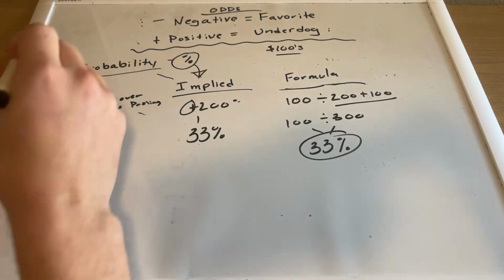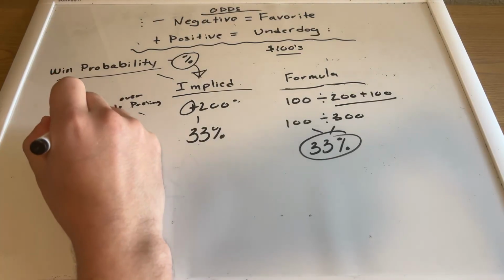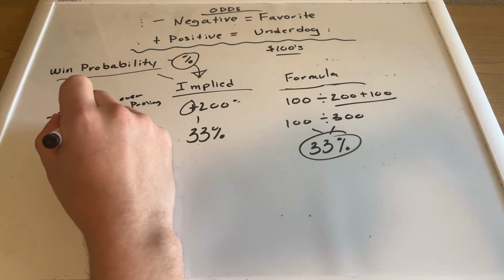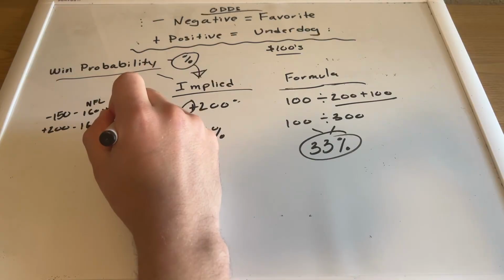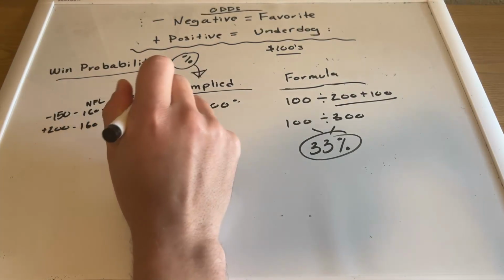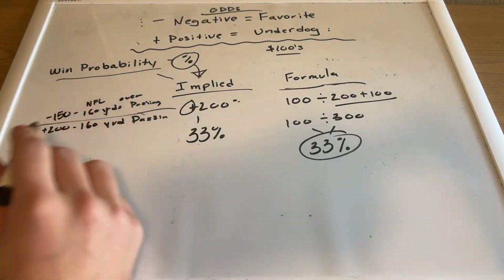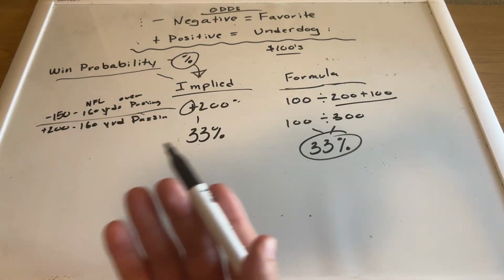Now what that means, let's say this was plus 200 for Josh Allen to go under 160 yards passing. Once again, this is very hypothetical. This is a horrible example to give off of his passing yards, but let's just say that's the line.